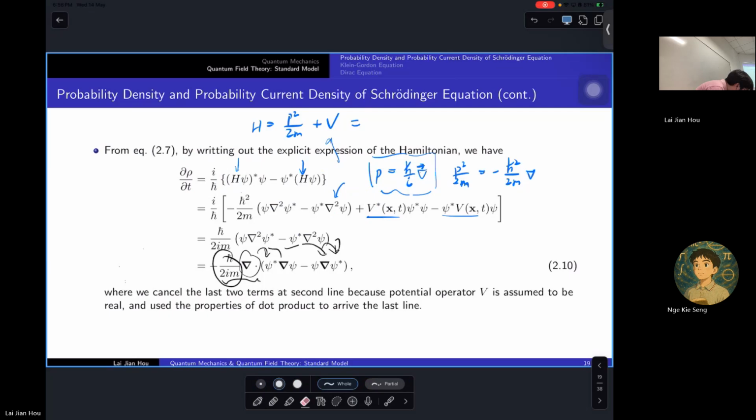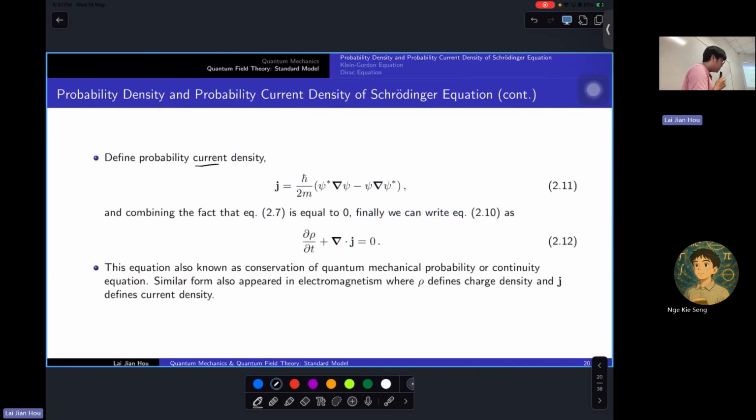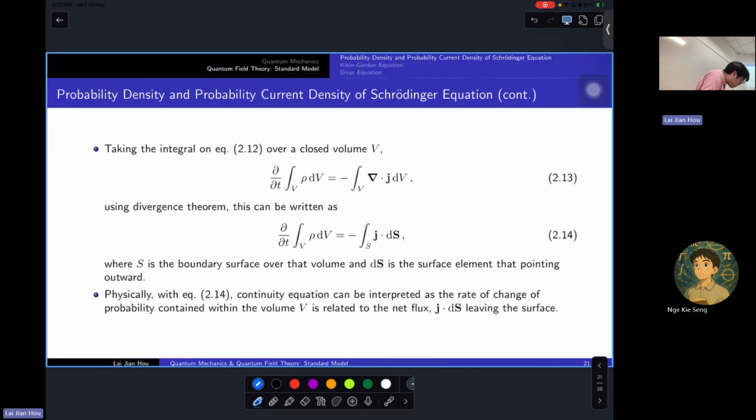When we insert this term inside, because it's just a number, we define this together as the probability current density. If we write J into the equation and put the terms on the left hand side, you'll find that this gives us the continuity equation, which we can see in the next part.